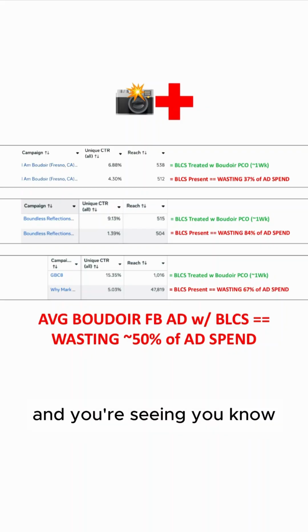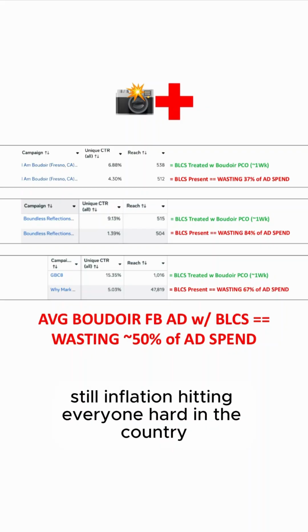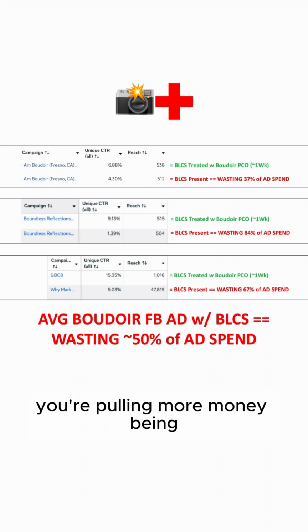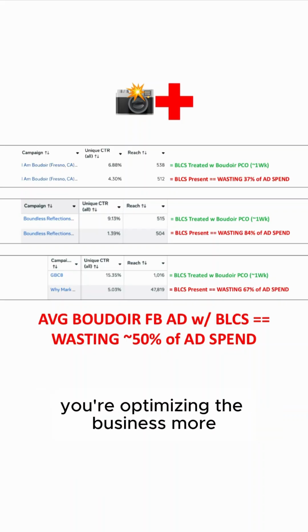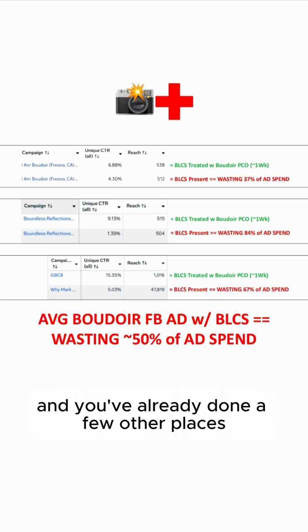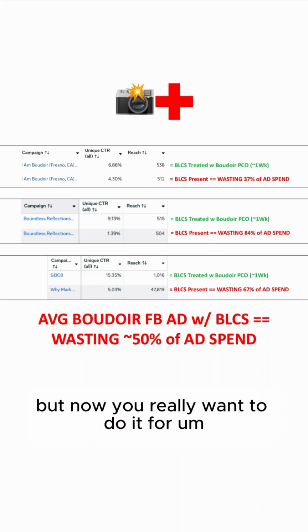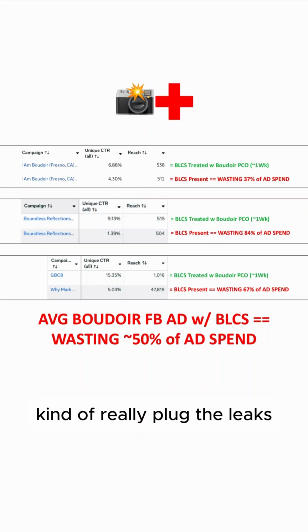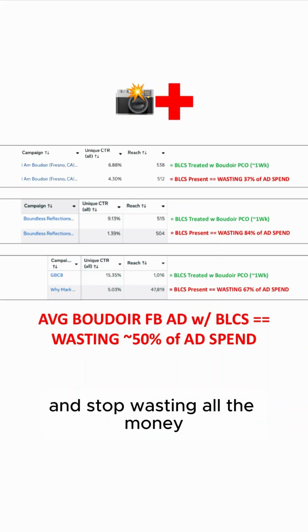And you're seeing inflation still hitting everyone hard in the country. So you're optimizing the business more to pull more profit out of it for your same effort. And you've already done it a few other places, but now you really want to do it for Boudoir Facebook ads, really plug the leaks, be as efficient as possible, and stop wasting all the money.